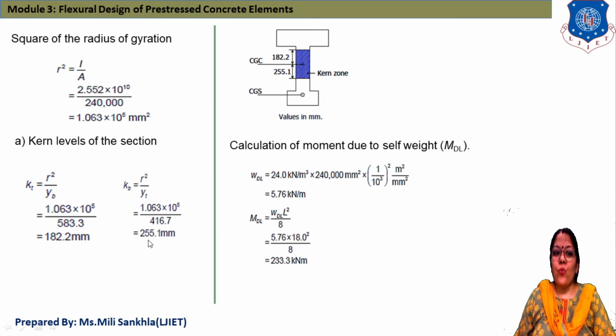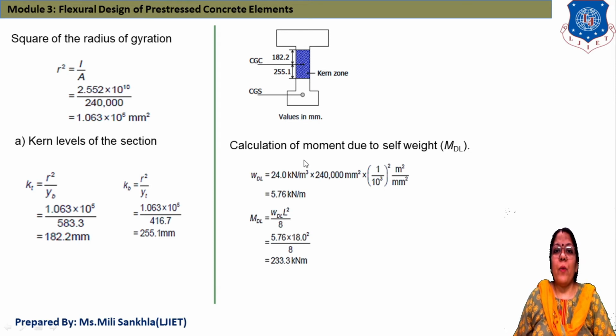So finally our kt is equal to 182 and kb is equal to 255.1 mm. From this CGC level, this is our kt top zone and this is our kb bottom, 255.1.